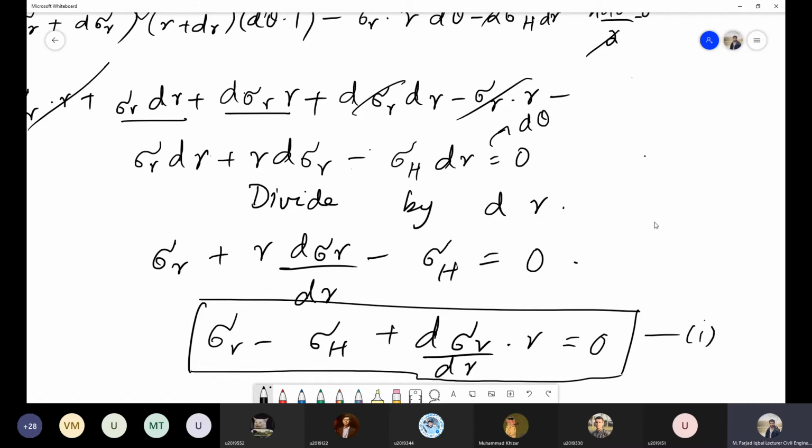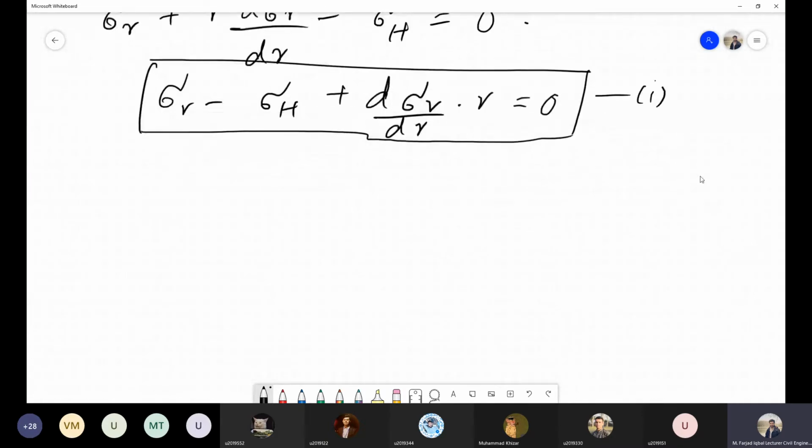Now initially we made some assumptions, and one of the assumptions was that the longitudinal strain will remain constant. What is the purpose of that assumption? We will see it now. Can anyone tell me how I can represent the longitudinal strain in terms of hoop strain and the radial strain?